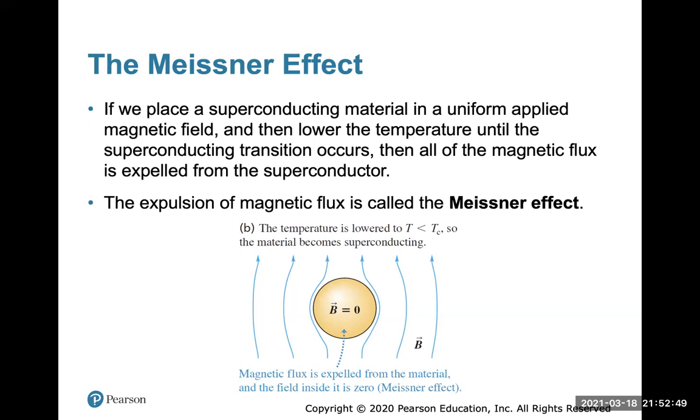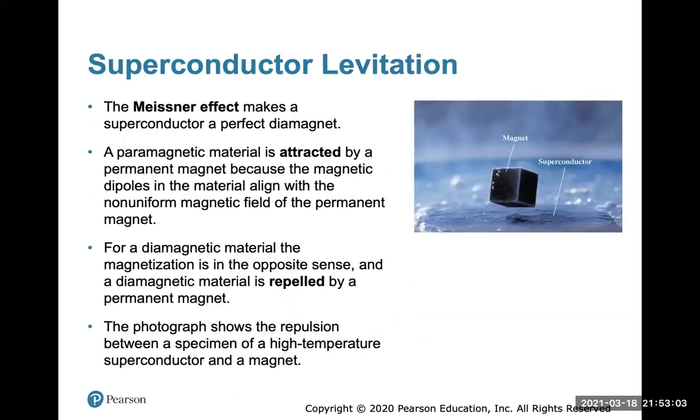This expulsion increases the magnetic field to either side because it bunches up the field lines to either side. And that bunching up means that we can actually levitate a thing.